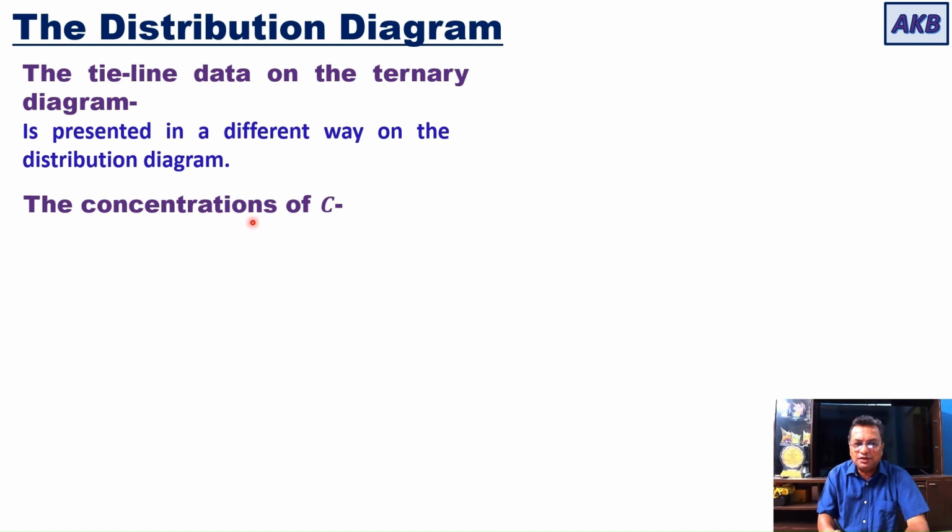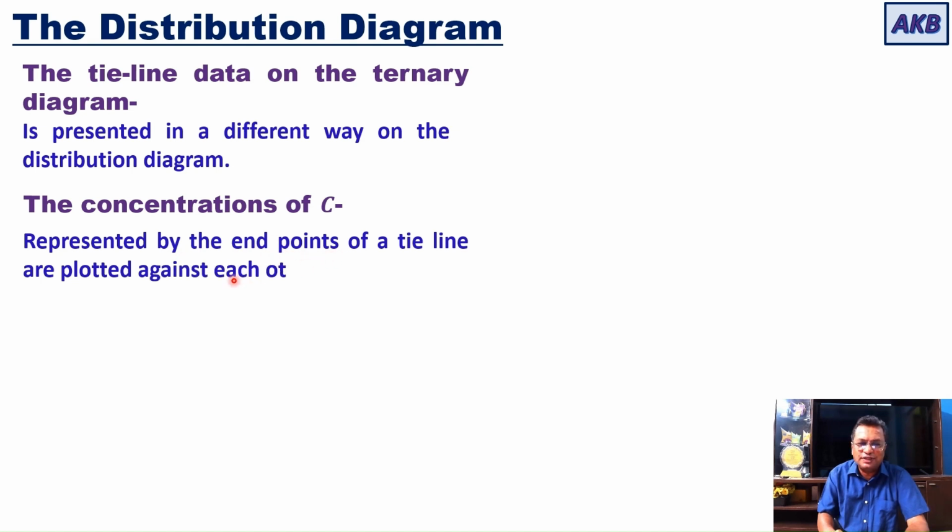In this case, the concentrations of C, which are represented by end points of a tie line on the ternary diagram, if these concentrations are plotted against each other, we get the distribution diagram.